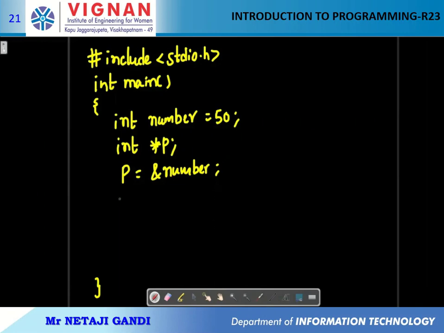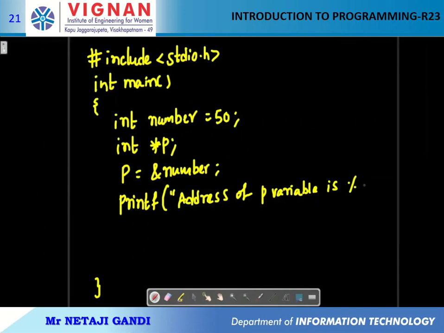Okay, so now we can print the address of this variable p. Let me print the address of the p variable is.